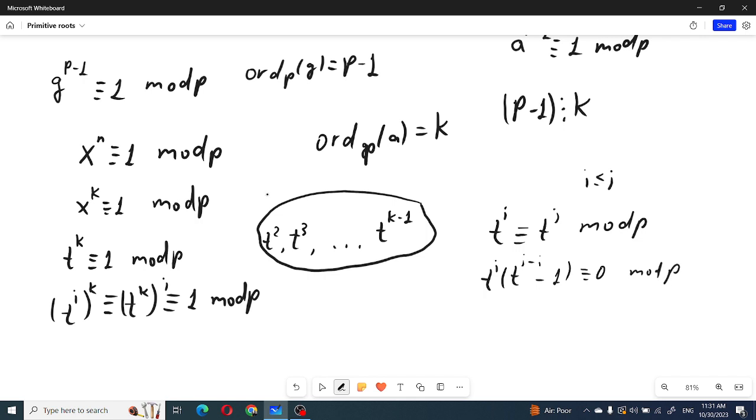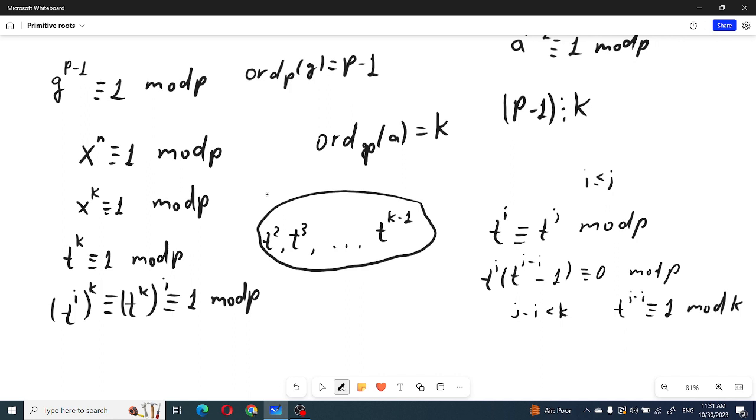This means that t^i is not divisible by p, so this number t^(j-i) minus 1 is divisible by p. But we know that k was the order of t, and j minus i is less than k, so this is impossible, since t to the j minus i must be 1 mod p only when it reaches k, because we know that k was the order of t.